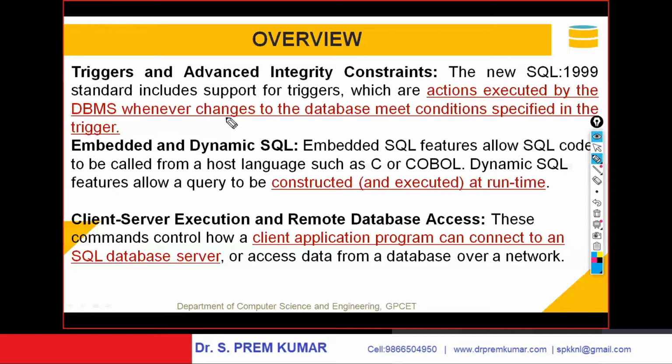That is, we propose some action. We will say that this action is to be performed when this condition is satisfied. Listen carefully. I'll request the system to do some activity, some action. That action is to be done based on the condition.